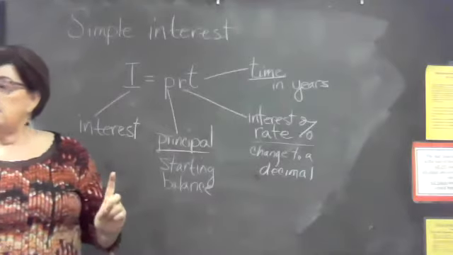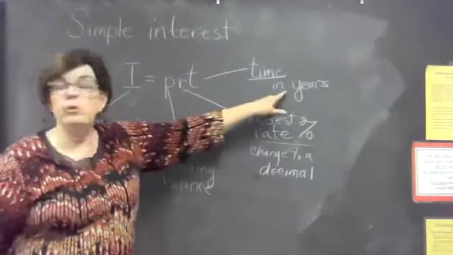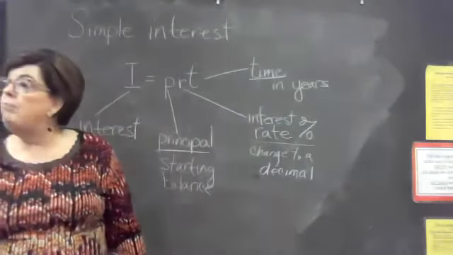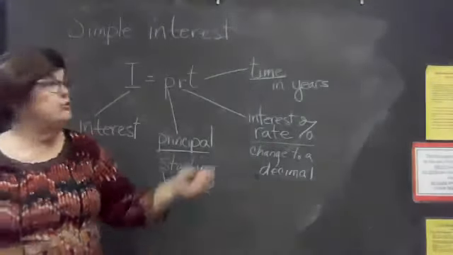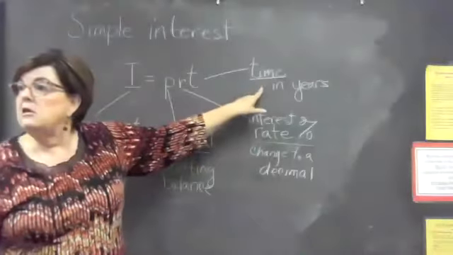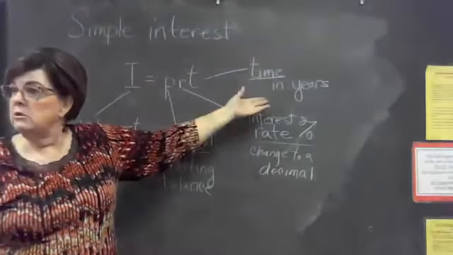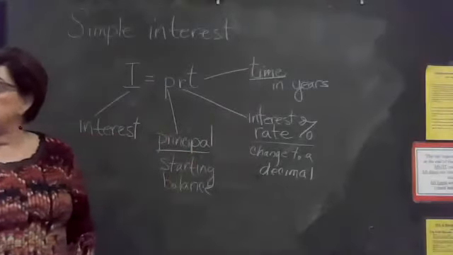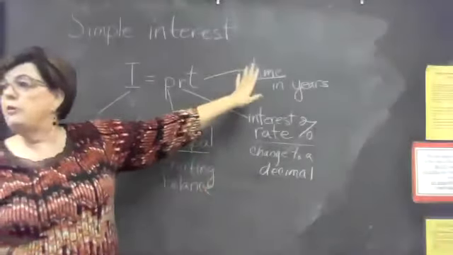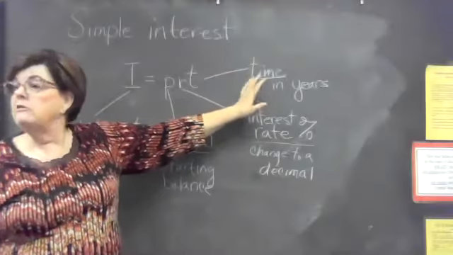But the reason this is so important is because some people borrow for 6 months. And for 6 months, you can't put 6 here because that means 6 years. So 6 months is just 1/2 of a year, and you would use 0.5 or 1/2 for your time.